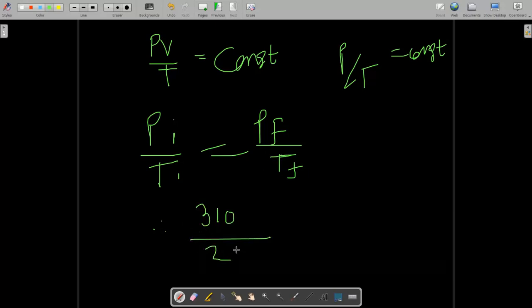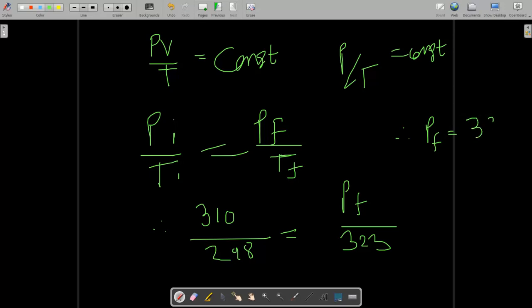Initial temperature is 298 Kelvin, or 25 degrees Celsius. We have to find the final pressure at the final temperature, 323 Kelvin. When you solve this in your calculator, your final pressure will be 336 kilopascal. This is the pressure after the increase of temperature.